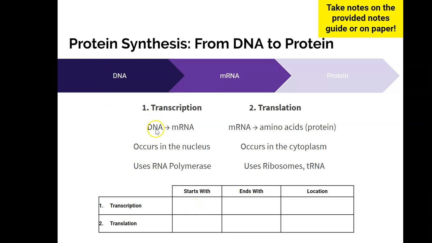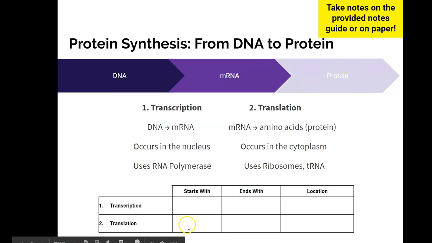Transcription starts with DNA. We go from DNA to mRNA in the process of transcription. It ends with mRNA, and the location of where transcription occurs is in the nucleus. Translation, if we come over here, we go from mRNA to a protein.